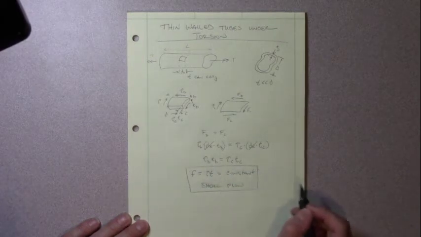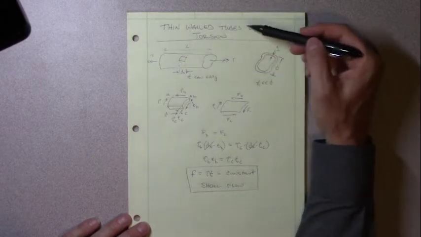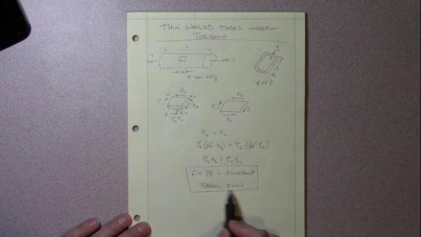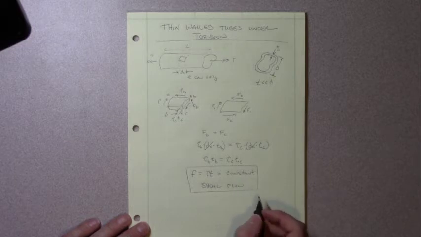And this is the concept of shear flow. So thin-walled tubes under torsion, we are going to end up with a constant shear flow, which we'll be able to calculate, and we're going to use that for our future analyses here.